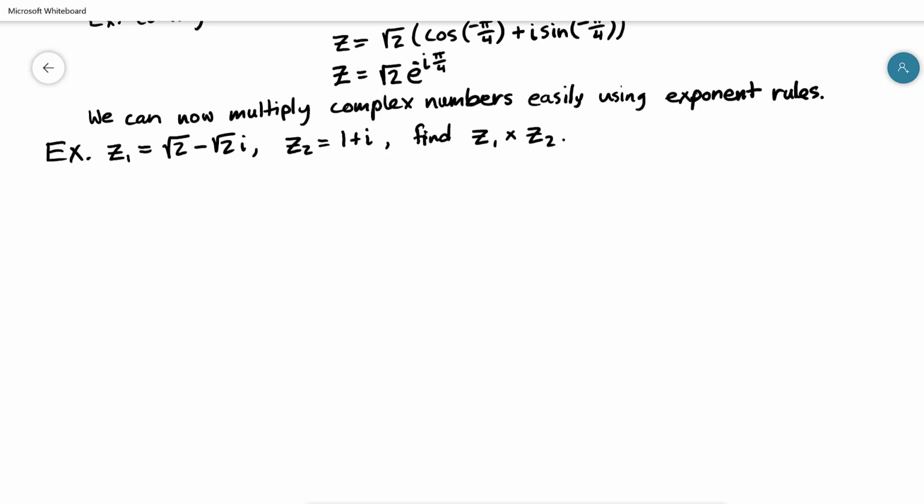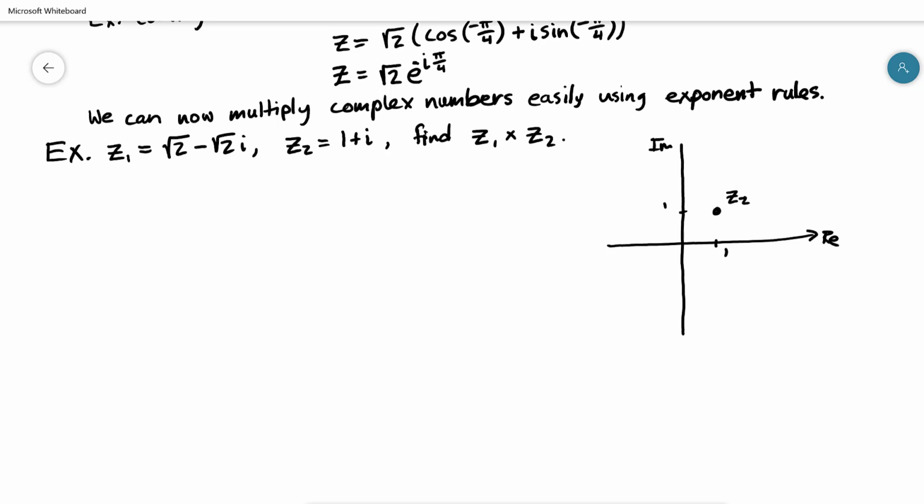If I put them in polar form, real quickly, I'm going to draw over here so we can get the angles. Here's the real axis, here's the imaginary axis. One of the points is 1 plus i, so this is our z2, at 1, 1. z1 was at root 2, negative root 2.